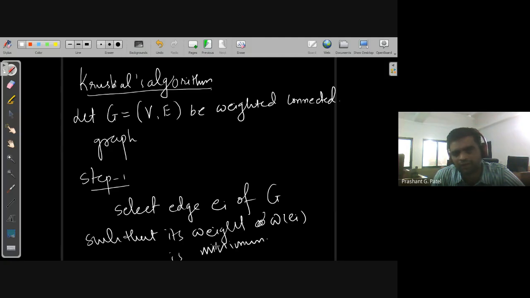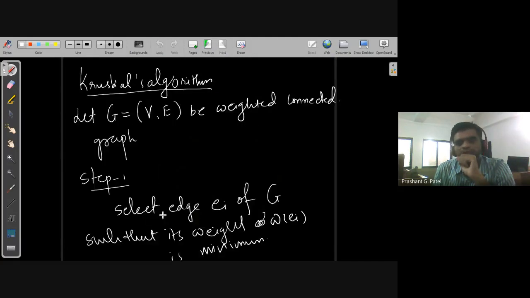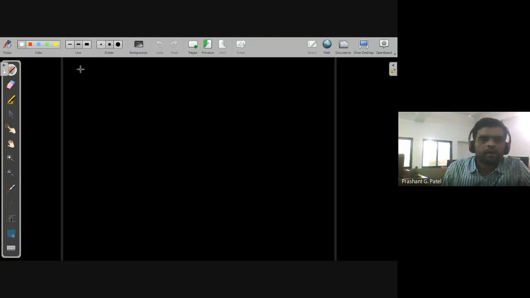So for example, in the previous graph, you have to find an edge which has the minimum weight. We know that 3 is the minimum, so the edge 5, 6 is minimum. So that is our edge. We have to do this in the first step: select an edge which has the minimum weight. Now step number 2.